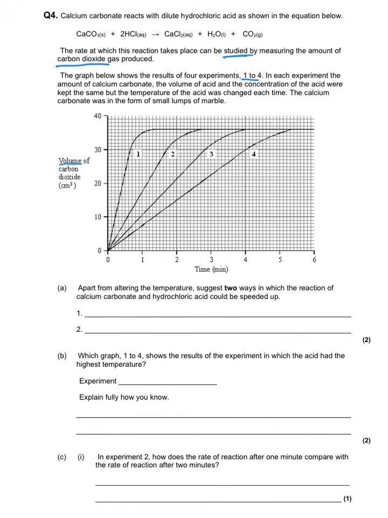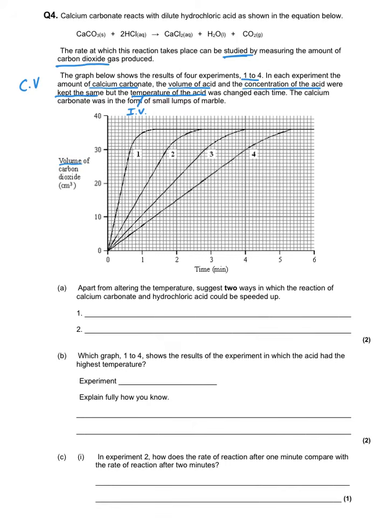In each experiment, the amount of calcium carbonate, the volume of the acid, and the concentration of the acid were kept the same. These are control variables, but the temperature of the acid was changed each time. So that is our independent variable, different temperatures of the acid each time.